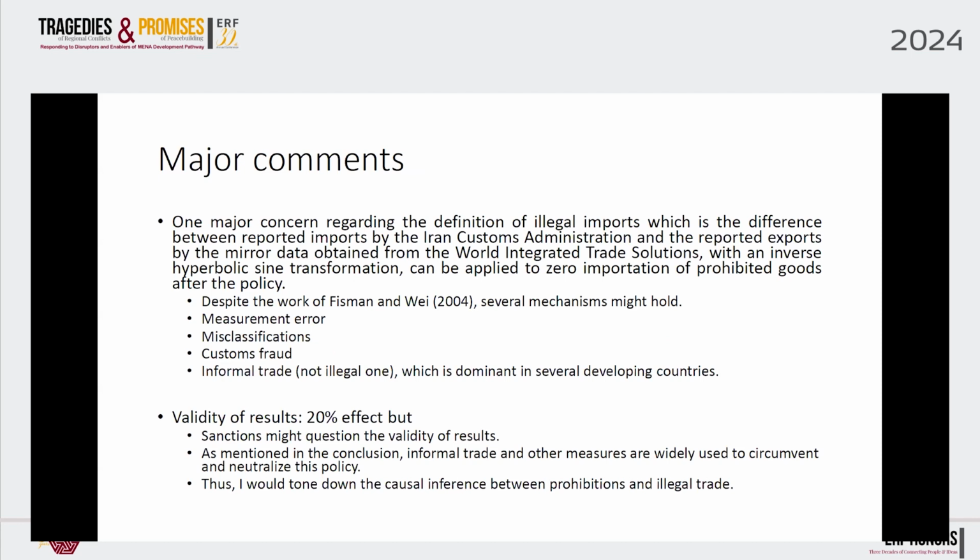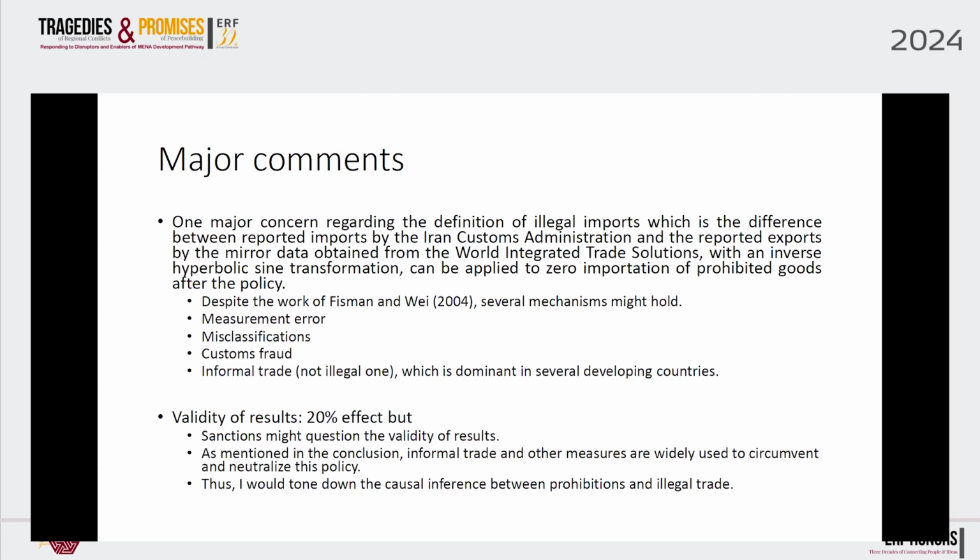But clearly, despite the fact that several mechanisms might hold, we're definitely going to have some measurement error in the variable itself, because we know that in mirror data in general, for instance, the BACI data set that is constructed through the mirror data in order to overcome all the problems that we have in ComTrade.